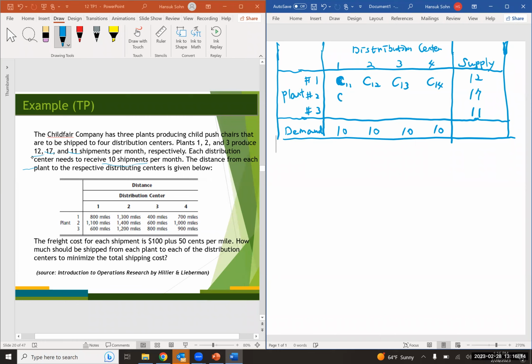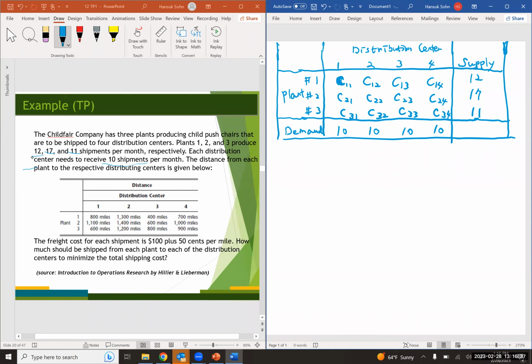Likewise, C sub 2,1, 2,2, 2,3, 2,4, and then C sub 3,1, 3,2, 3,3, and 3,4. Okay.